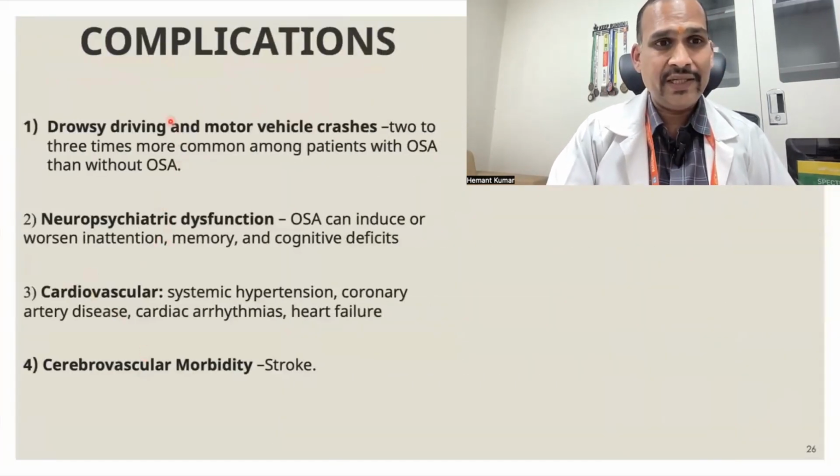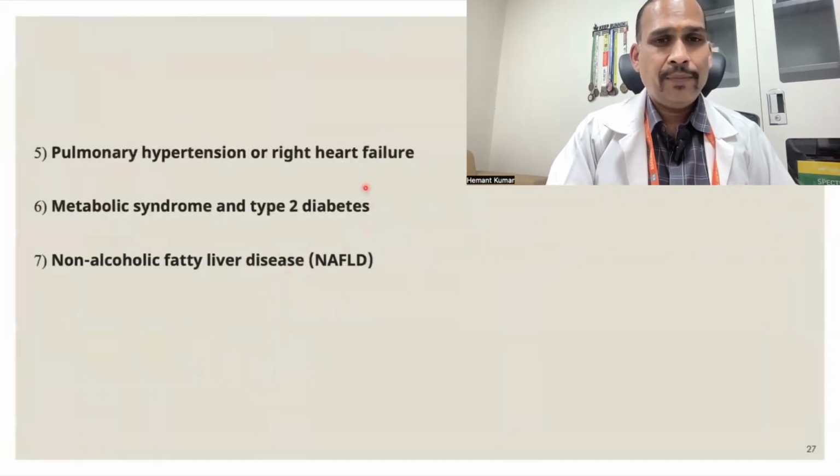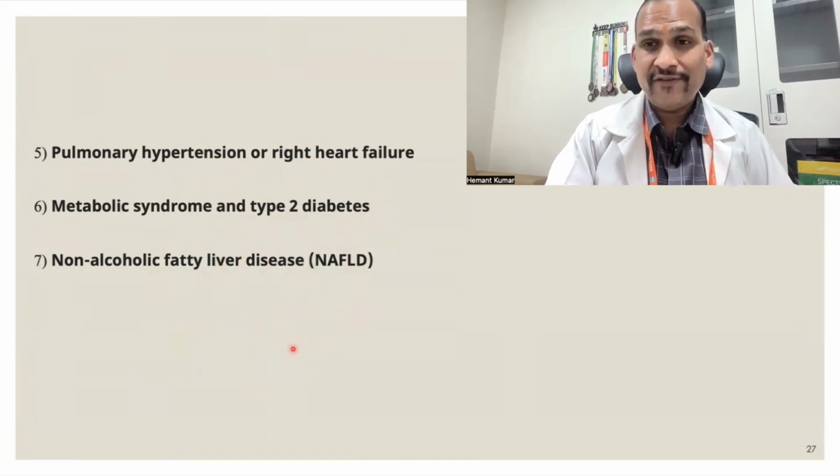As I mentioned earlier: drowsy driving, motor vehicle accidents, neuropsychiatric dysfunction, memory loss, not being able to concentrate, cognitive deficit. Cardiovascular: sudden heart attack, congestive heart failure, arrhythmia, stroke, pulmonary hypertension, metabolic syndrome, type 2 diabetes, and non-alcoholic fatty liver disease, especially in females.